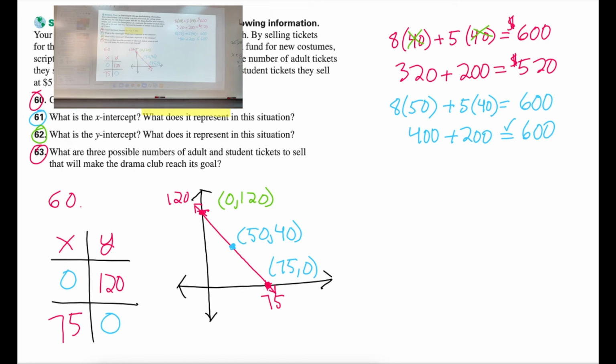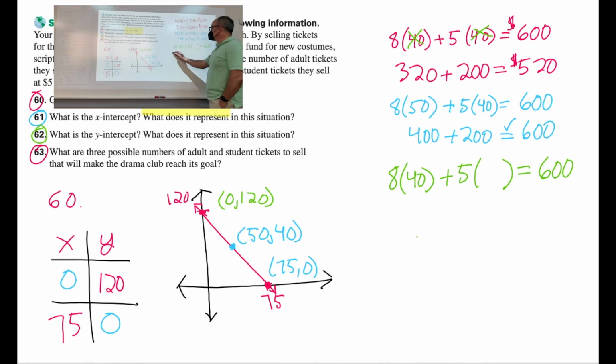You got it? So that was 40 originally. So we do 320 again. Then plus 5 times 50 something.